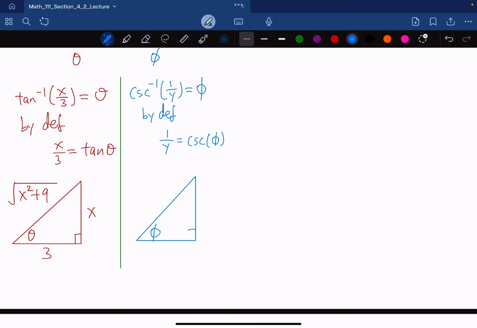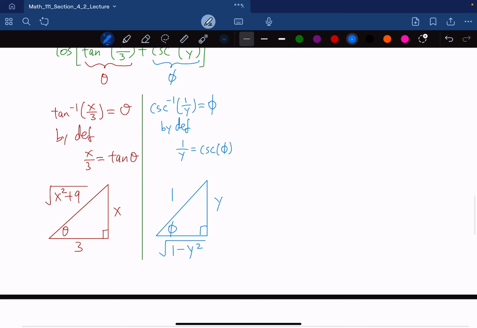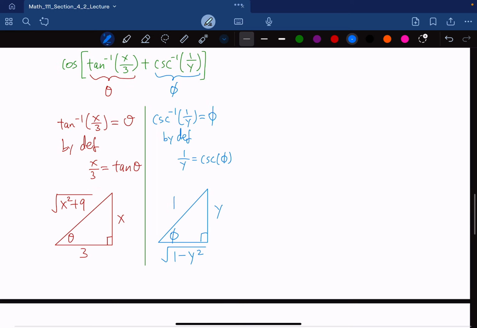Label your triangles. And cosecant is hypotenuse over opposite. That means the adjacent side, again by the Pythagorean theorem, is hypotenuse squared, so 1, minus opposite squared, so y squared. Okay, square root of 1 minus y squared.